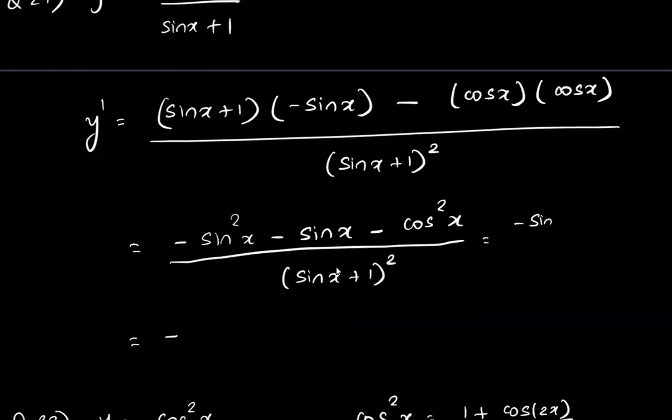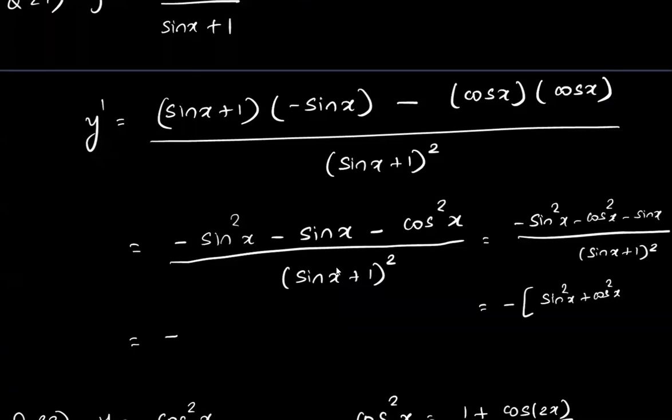So I'm going to try to bring these two together like so, okay? So now when I do this, I can take the negative out of the whole thing. Then I have sine squared x plus cosine squared x plus sine x all over sine x plus 1 the whole squared. Now you have to know this identity. Sine squared x plus cosine squared x is always equal to 1.